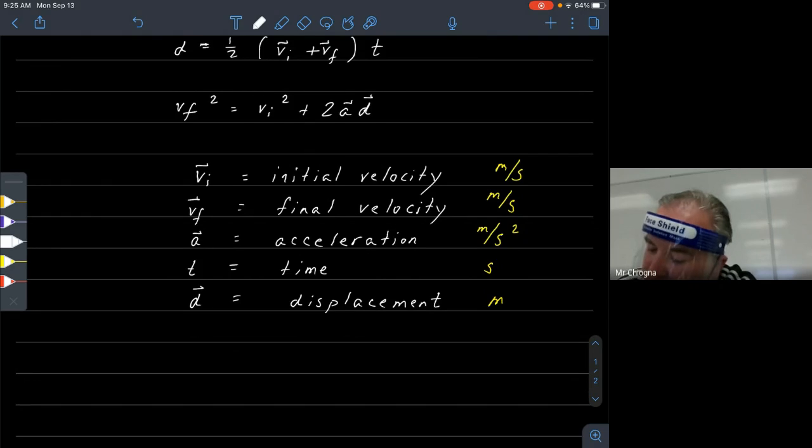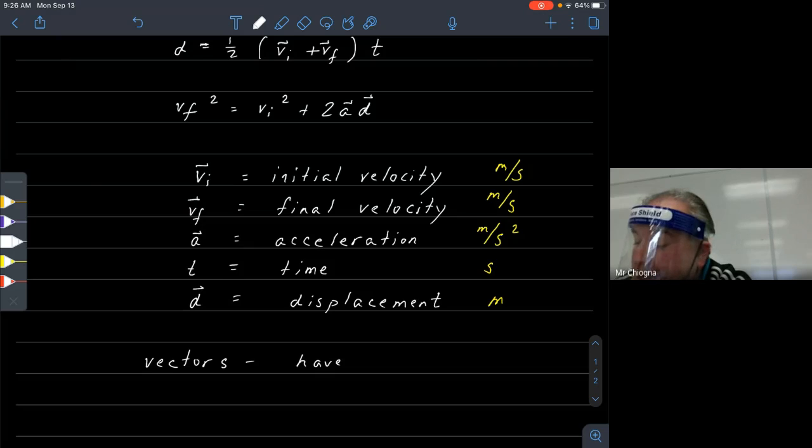Now we can talk about vectors. Vectors are quantities that have magnitude and direction.